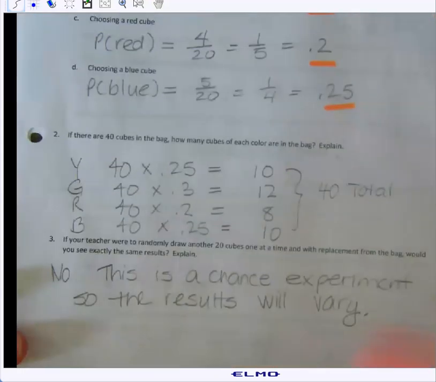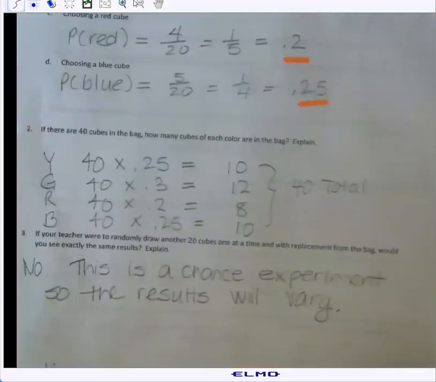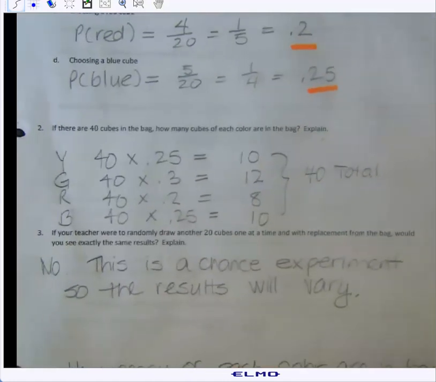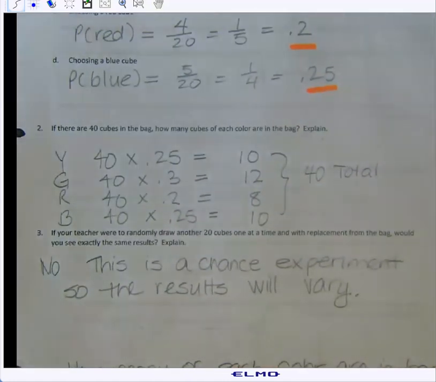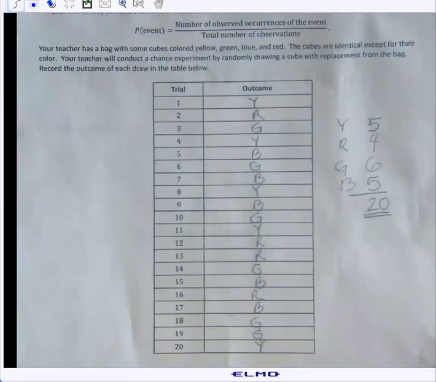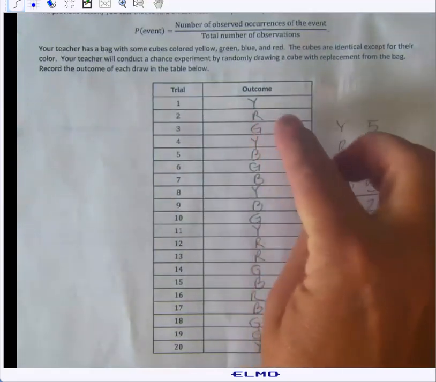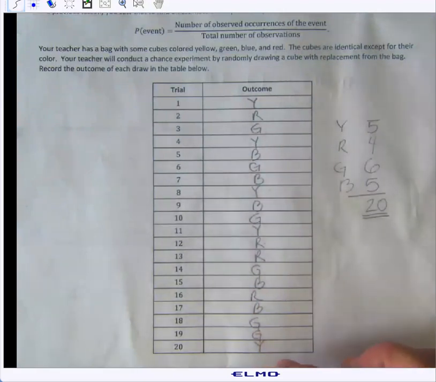Now, if I were to do this experiment again, this is number 3. If I were to do it again, now that you are all watching the video, and I were to do it again right in front of you, do we expect that I would get the exact same results? Okay. What do you think? I'm going to pull cubes out at random 20 times.